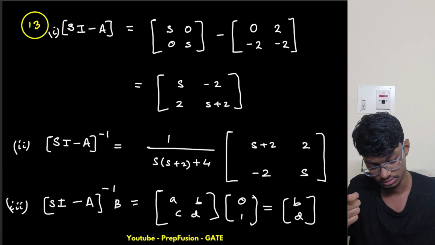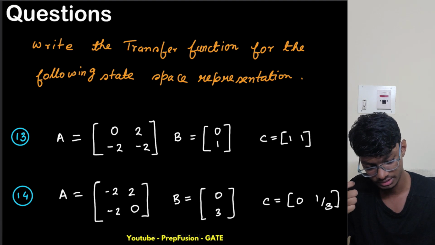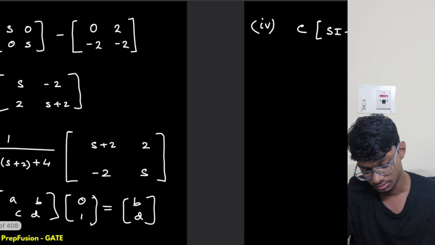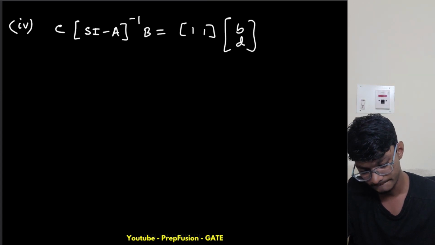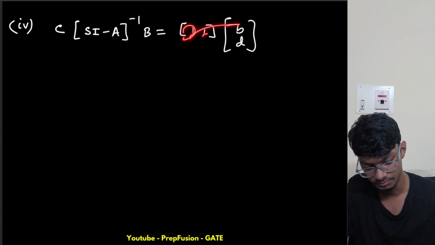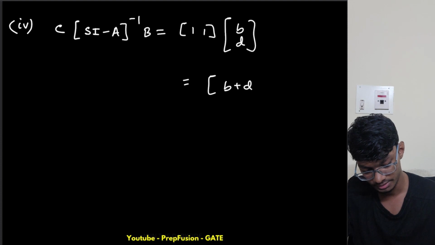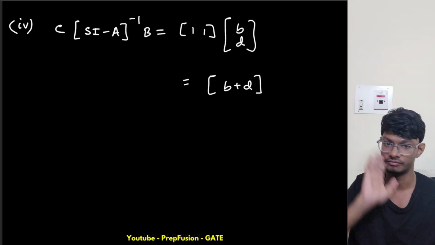So what is C? C is 1 comma 1, right? C is 1 1. So 1 1 times b and d is simply b plus d. So it becomes b plus d. Now I will put the value of b and d.